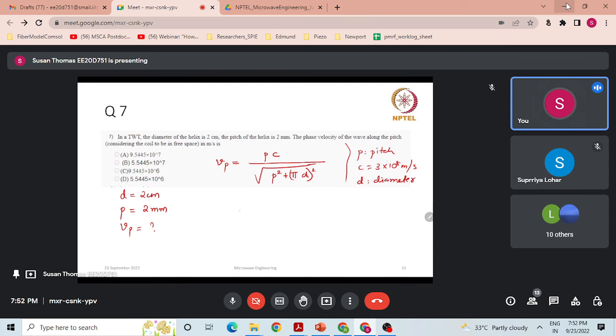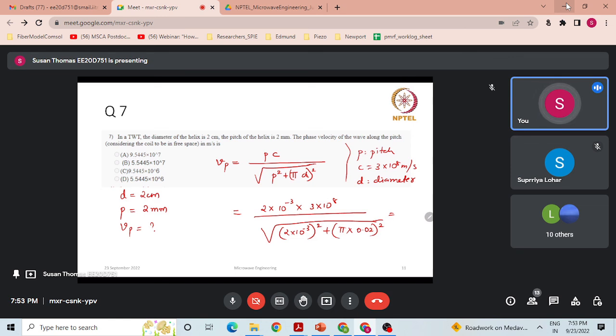So you can try this question: 2 into 10 power minus 3 into 3 into 10 power 8, divided by root of (2 into 10 power minus 3) the whole square plus (pi into 0.02, the diameter of the helix) the whole square.